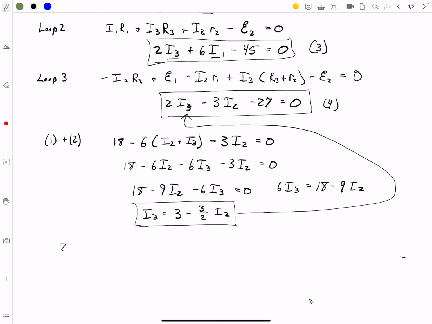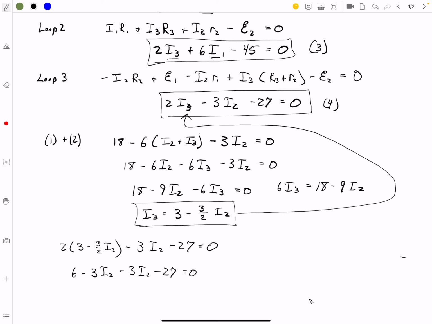So now we have 2 times (3 minus 3 over 2 I2) minus 3 I2 minus 27 equals 0. Two times 3 is 6. 3/2 times 2 is 3, so 3 I2s minus 3 I2s minus 27 equals 0.